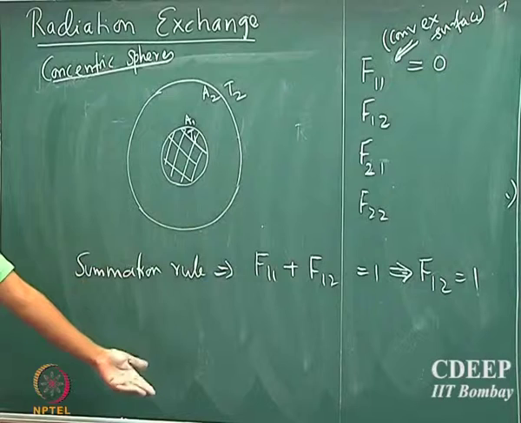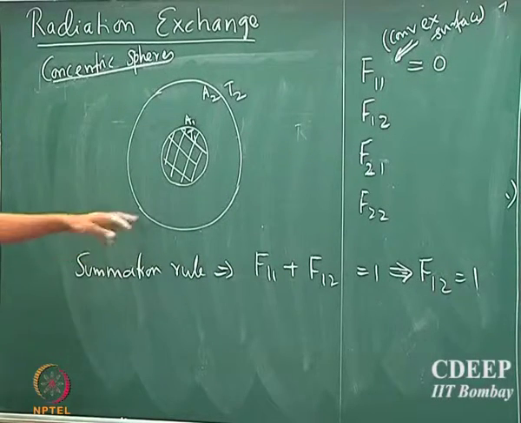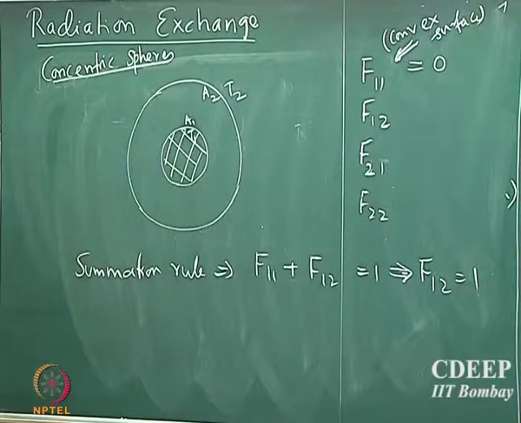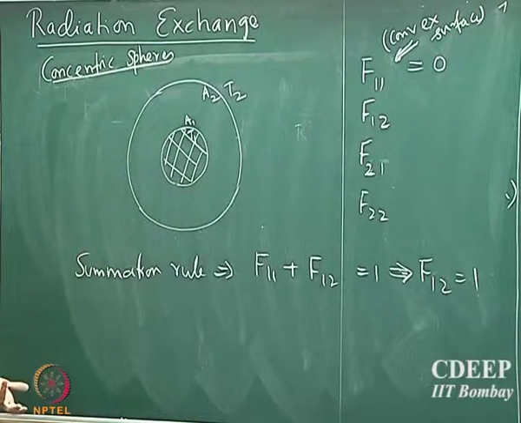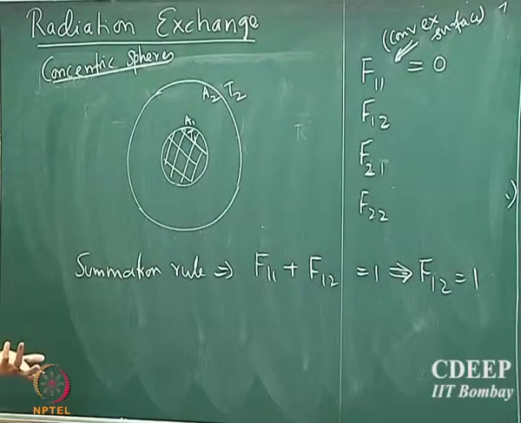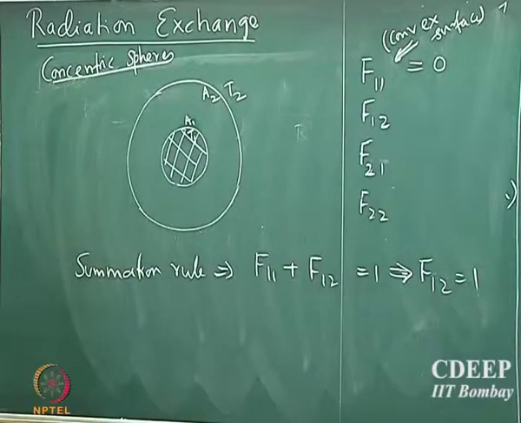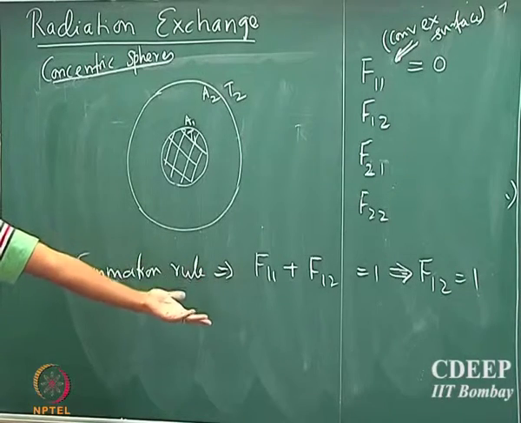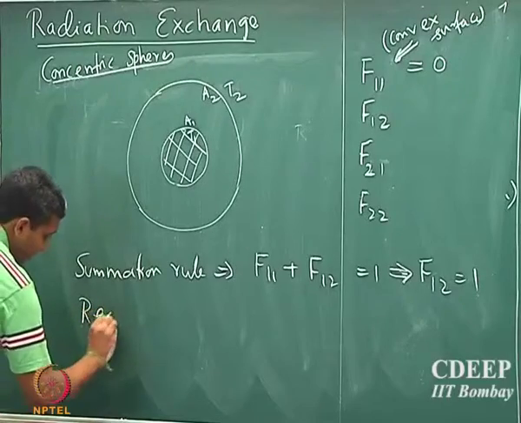In fact one could easily intuit, because it is a convex surface, you expect that no radiation emitted by the surface 1 is going to be received by itself, which means that all the radiation that is emitted has to be received by the second object if it is a closed system. So therefore F12 should be 1, which means all the radiation emitted by surface 1 is actually intercepted by surface 2.